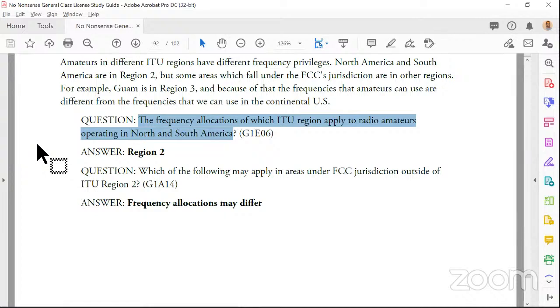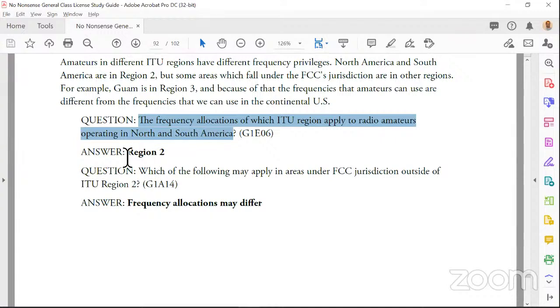The frequency allocations of which ITU region apply to radio amateurs operating in North and South America? All right. So ITU, International Telecommunications Union, and we learned using a map of the world last session that North and South America are in ITU Region 2.